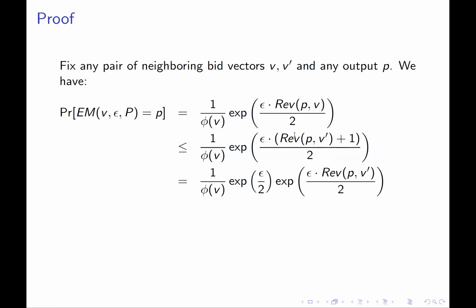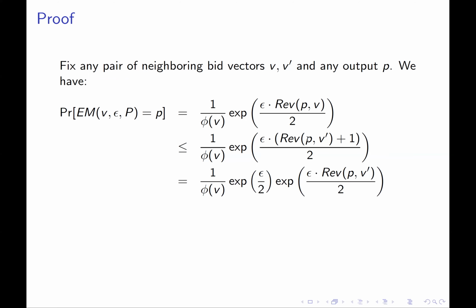And the nice thing about exponentials is that when I have the product of two exponentials, the parameters within them add up. So if I have e to the a times e to the b, that's e to the a plus b. And so here we have the exponential of the sum of two terms.